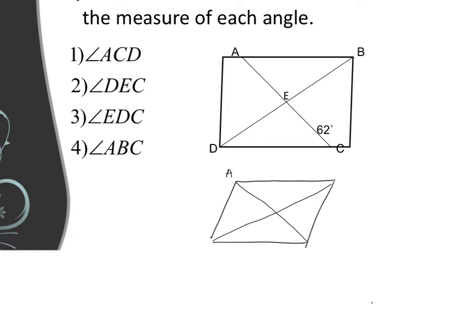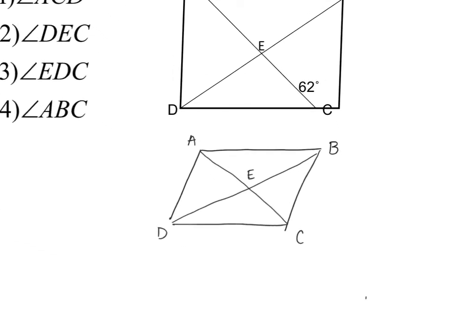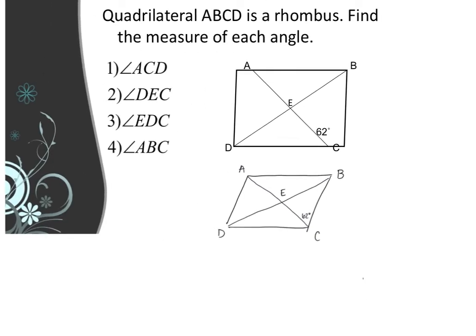This is A, D, B, C, and E. And this one is 62 degrees. So all we're given, guys, is one angle and the fact that it is a rhombus. If you need to go back to the last slide, we can start to fill in our rhombus with certain measures.